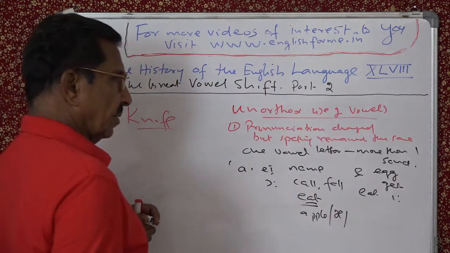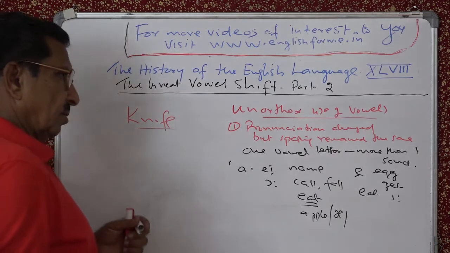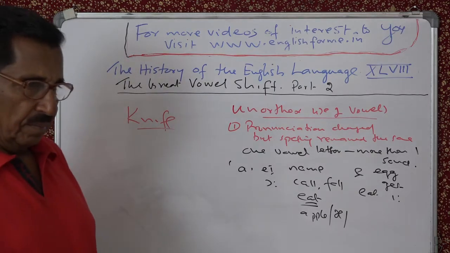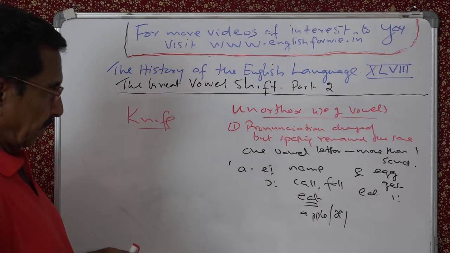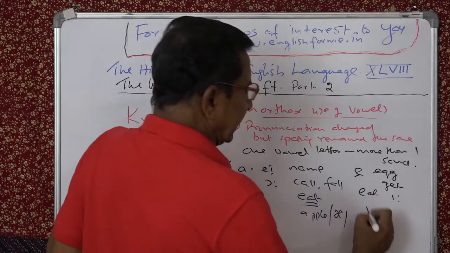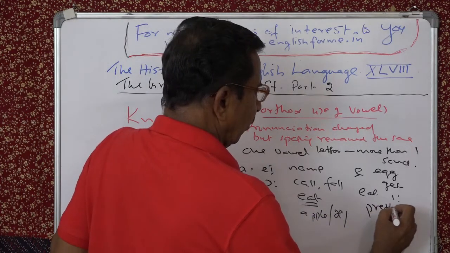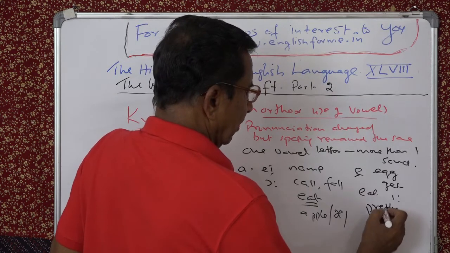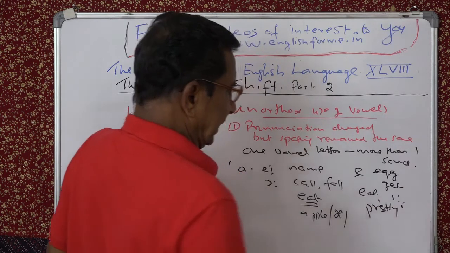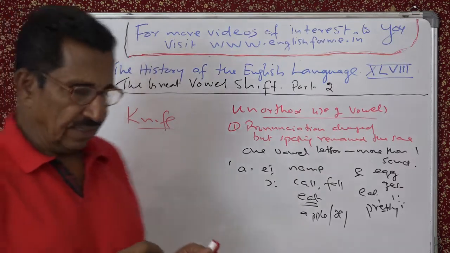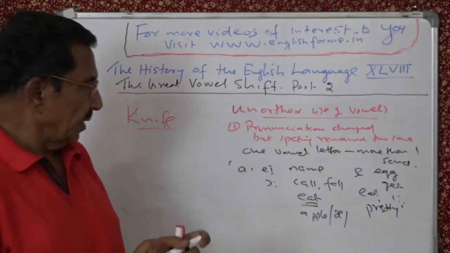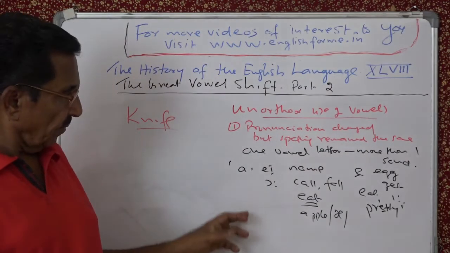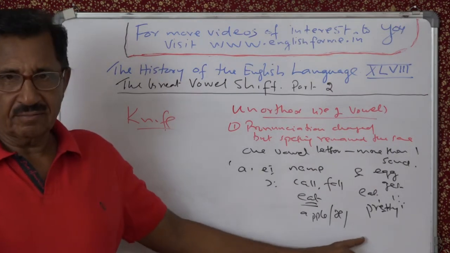Then you have pretty, P-R-E-T-T-Y. So here you have E, pretty, pretty, like that. So this is what is meant by unorthodox use of vowel letters.